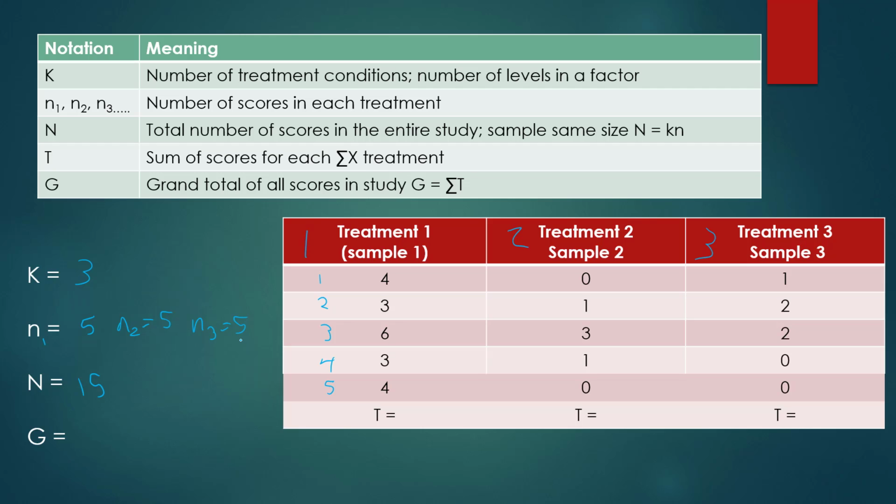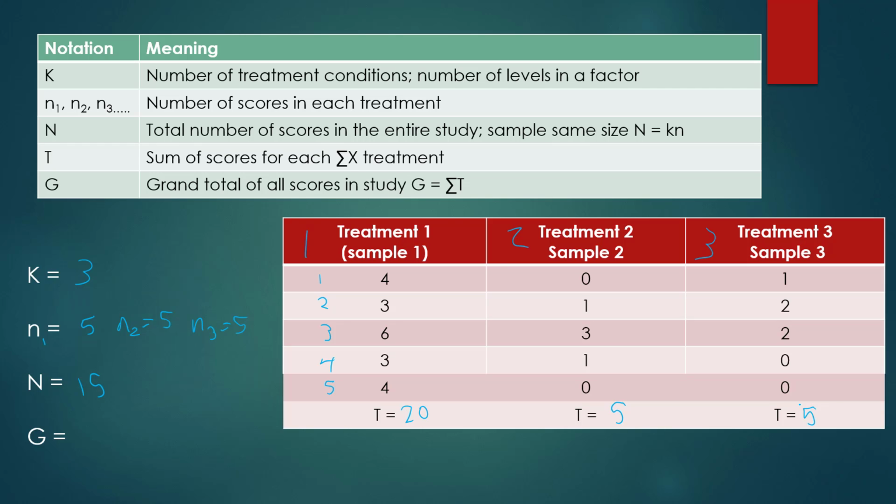G is the grand total of all scores in the study. But first we need to get what our T is. T is the sum of all these scores. So 4 plus 3 plus 6 plus 3 plus 4 is 20. 0 plus 1 plus 3 plus 1 plus 0 is 5. 1 plus 2 plus 2 plus 0 plus 0 is also 5.